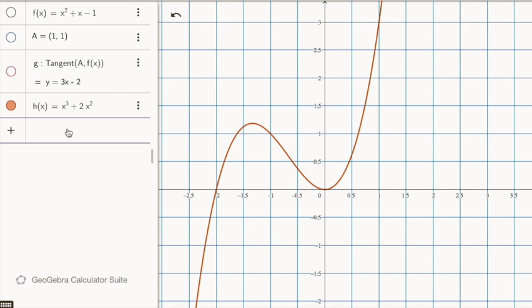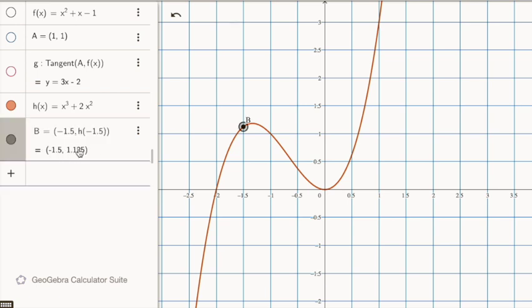So first I need to define the point, negative 1.5. This function that we're using right now is h, so I'm going to put in h of negative 1.5. And it evaluated it for me and shows me that point on the function. So this point here that we're now using is labeled as B.